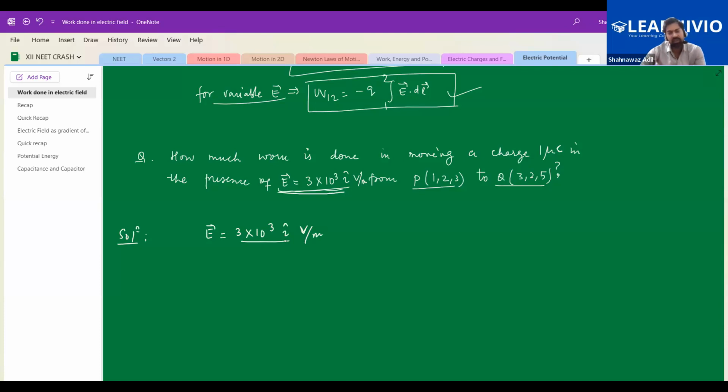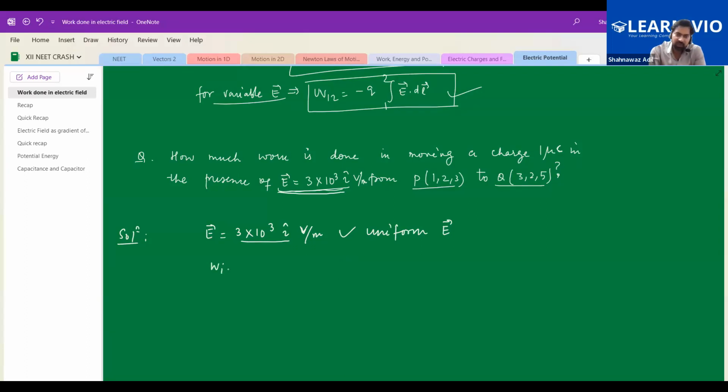What kind of electric field is this? Is it uniform? Is it variable? We don't have any variable x, y, z, so this is a uniform electric field.